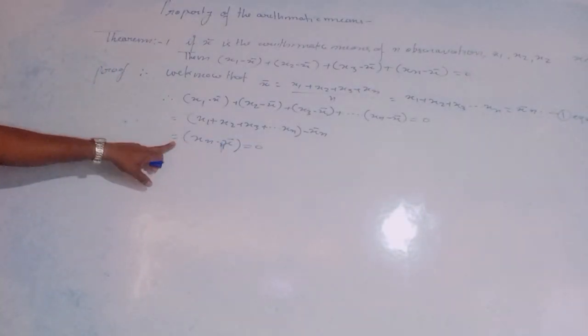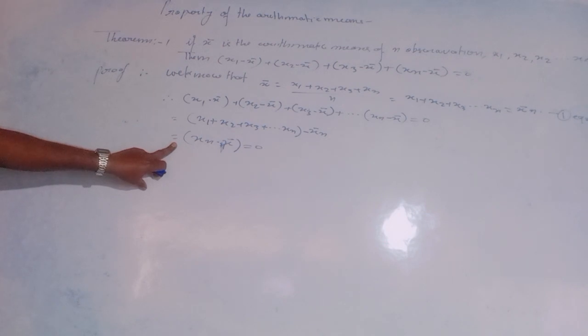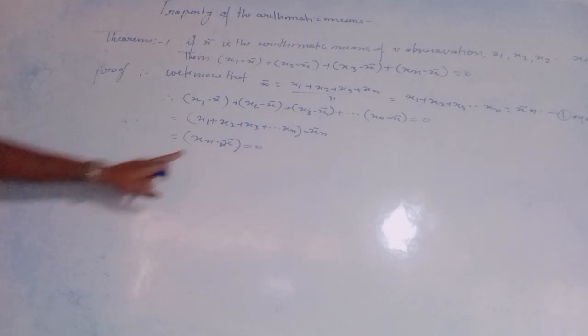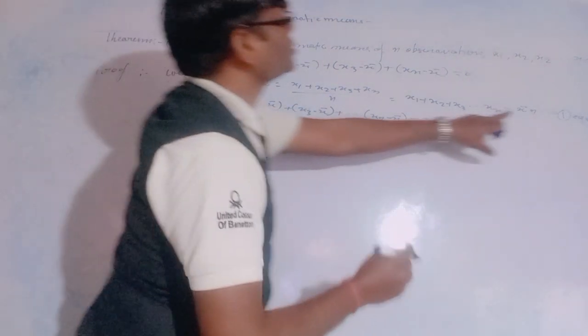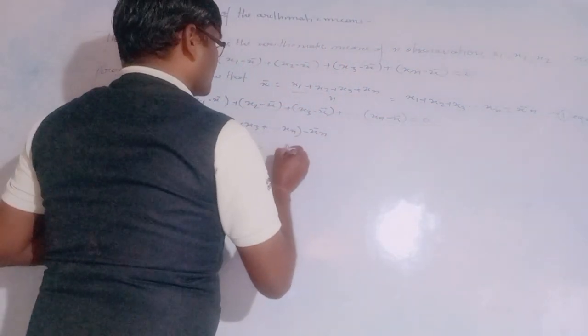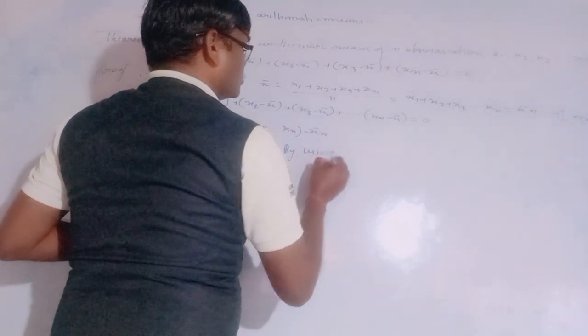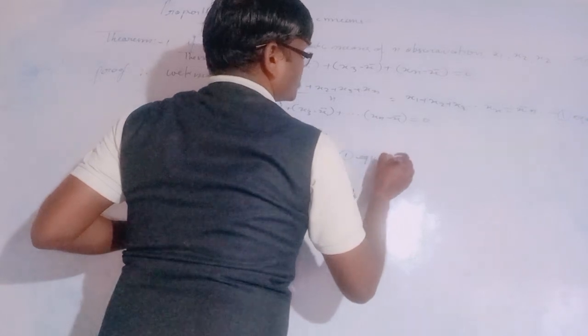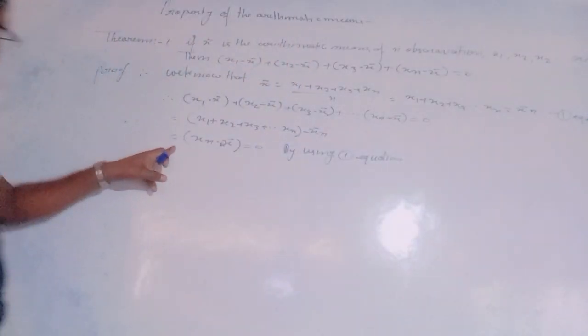Got it? The sum minus n x bar is always 0. Why? Because we have used the first equation here.